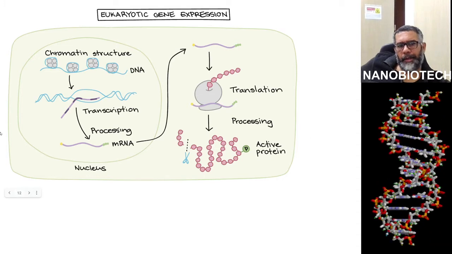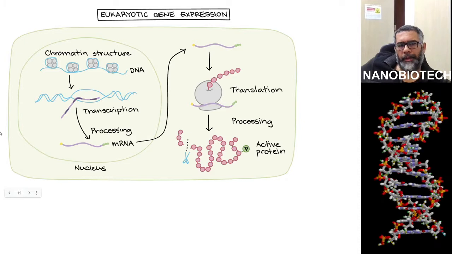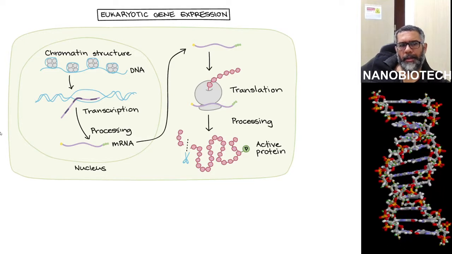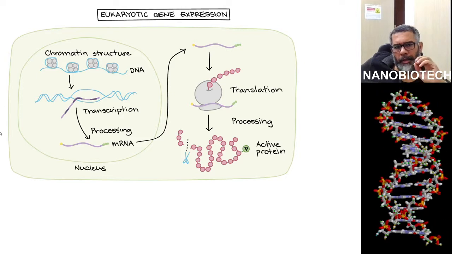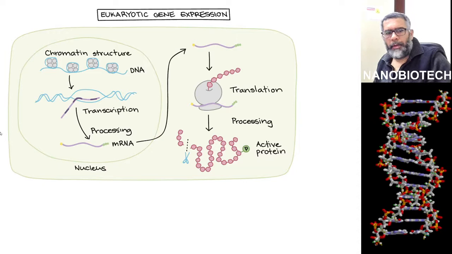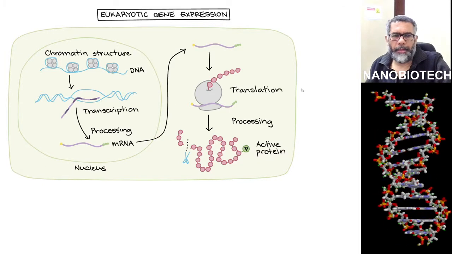Eukaryotic gene expression involves many steps, and almost all of them can be regulated. Different genes are regulated at different steps, and it's not uncommon for a gene, particularly an important or powerful one, to be regulated at multiple steps.